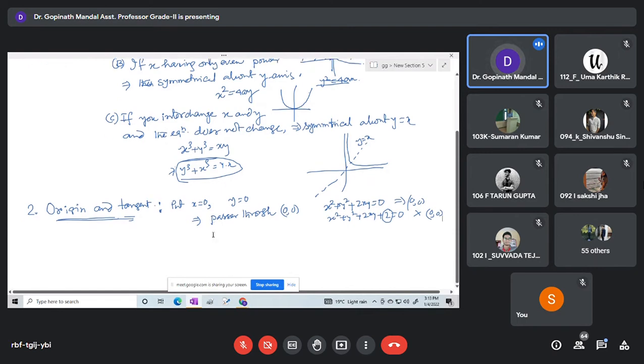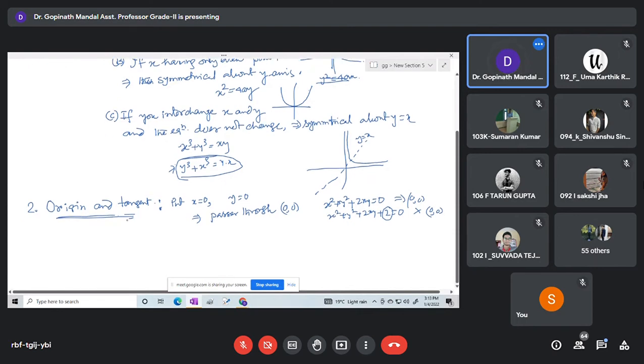Now if it passes through 0, then we have to check the nature of the origin. If the curve passes through the origin, that is 0, 0, we have to find the nature of the origin.